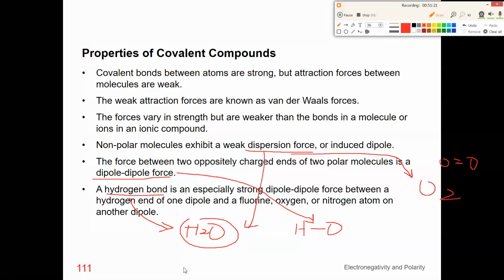Like for dihydrogen sulfide. In this one, both dispersion and dipole force exist. However, there's no hydrogen bond, because hydrogen bonding only exists with fluorine, oxygen, nitrogen.